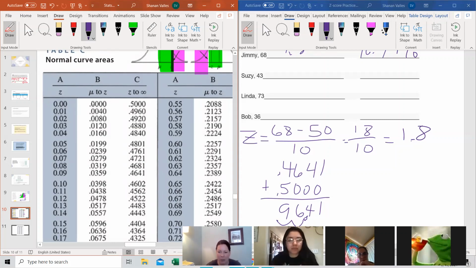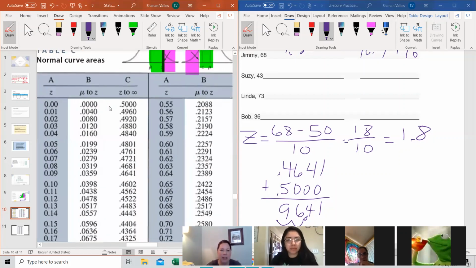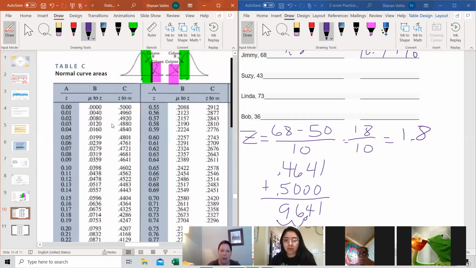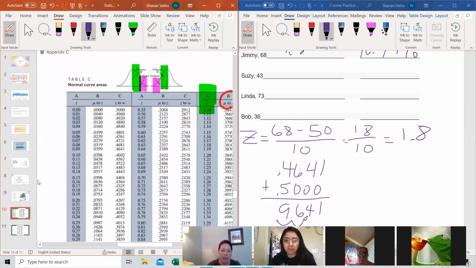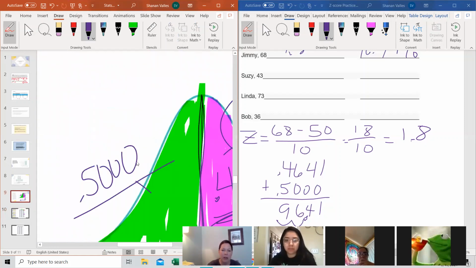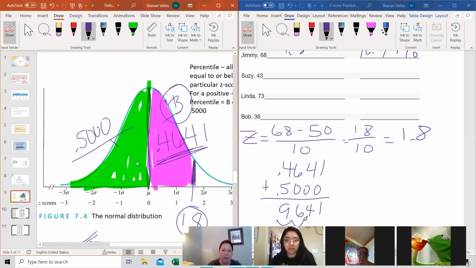There's no proportion between you and the mean because you are the mean. You have a z-score of 0. And then everything from the mean in the tail is 0.5000. Okay. And if you think about that, that makes sense, right? Because we are talking about the population of people. And so if we had 50% below the mean and 50% above the mean, that added together is 100% of the people. Okay.